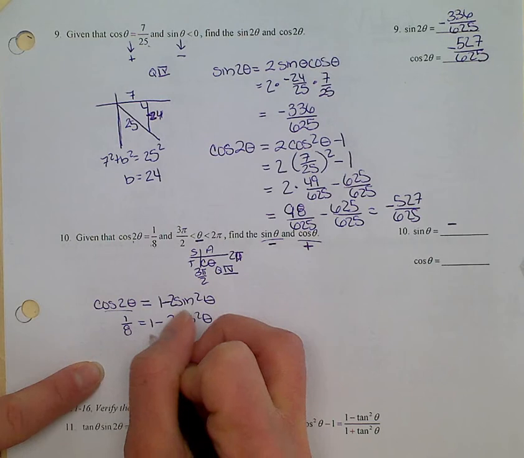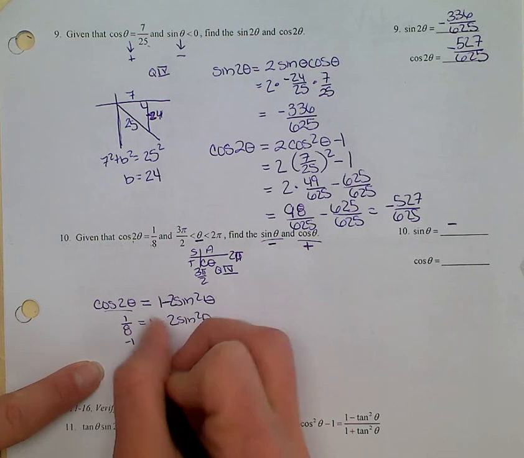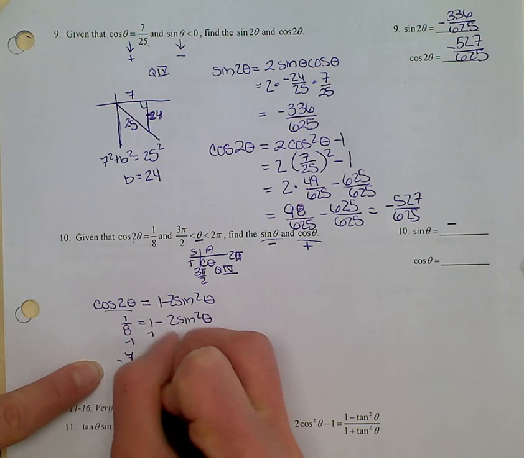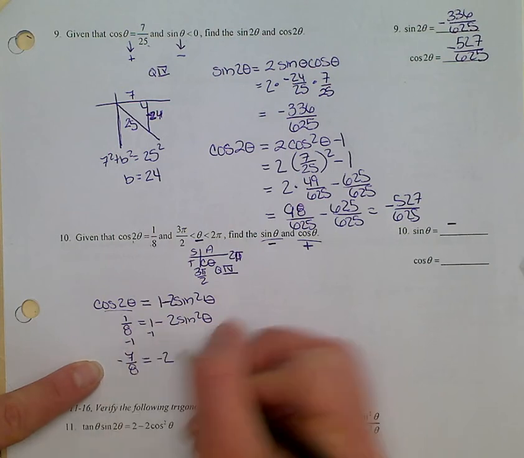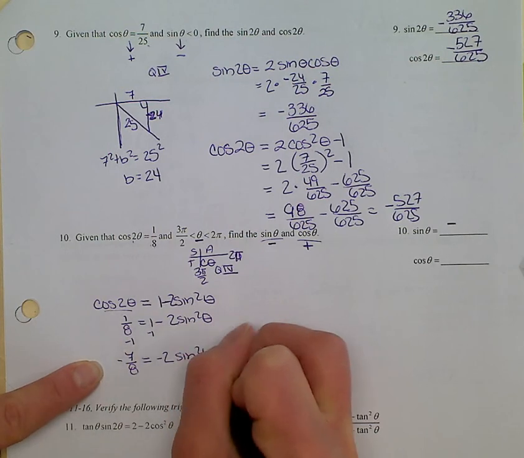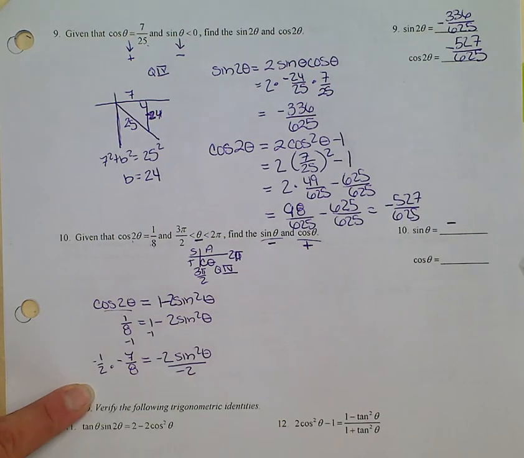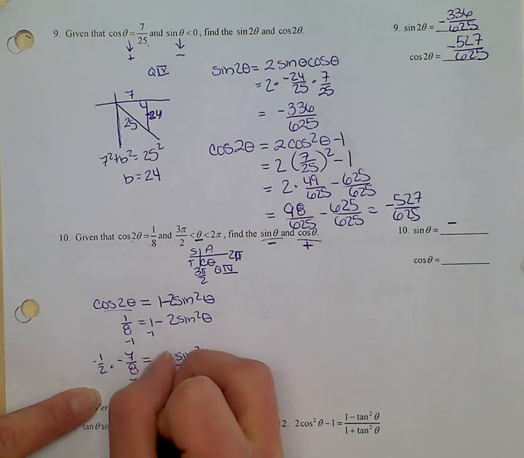We subtract 1 from 1/8, and we get negative 7/8 equals negative 2 times the sine squared of theta. We divide both sides by negative 2 or multiply by a negative 1/2. We get positive 7/16.